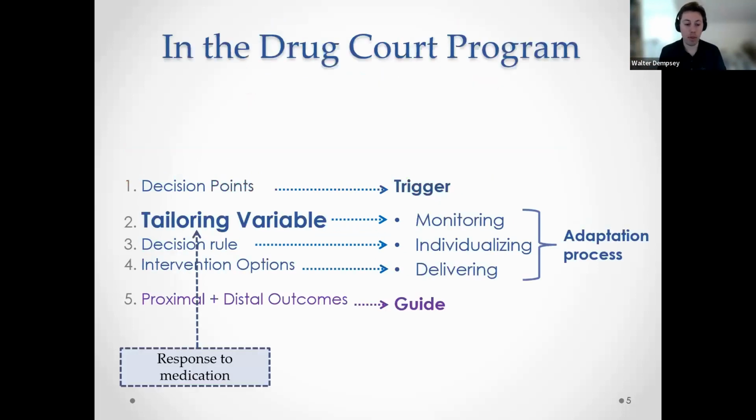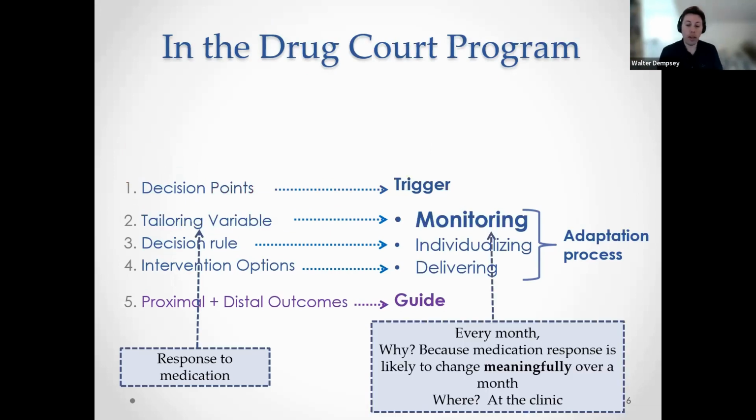So in our example, our tailoring variable was response to medication in those adults with ADHD. We monitored every month, and this goes to a question someone asked earlier: why every month?